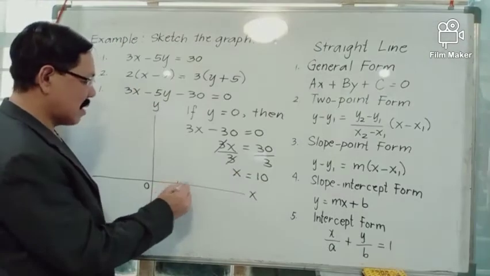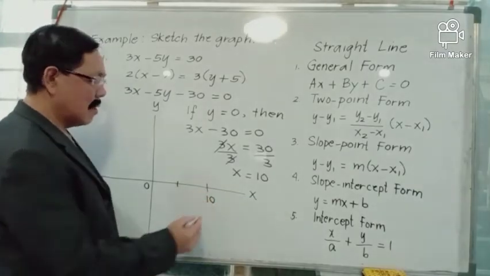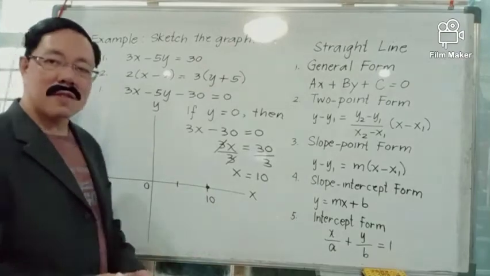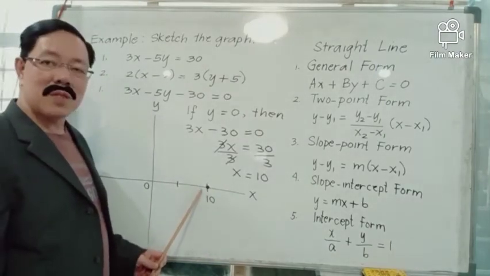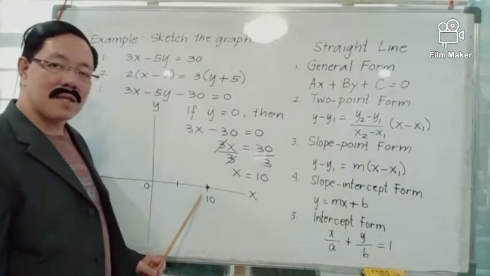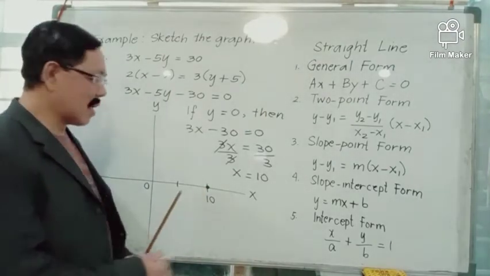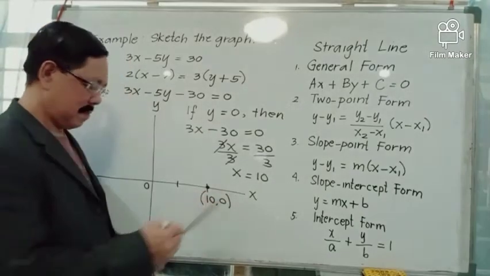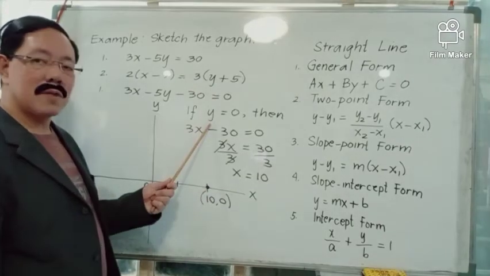We approximate 10 on the horizontal axis, or the x-axis. This is the x-intercept. The line will pass through this point on the x-axis at x equals 10. This x-intercept has coordinates 10 and 0. At the x-intercept, the value of y is 0.